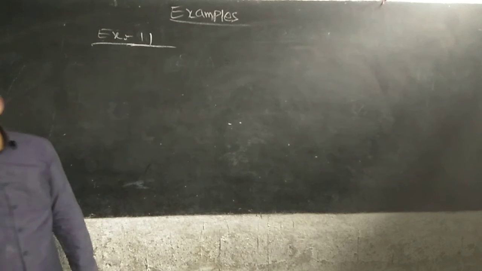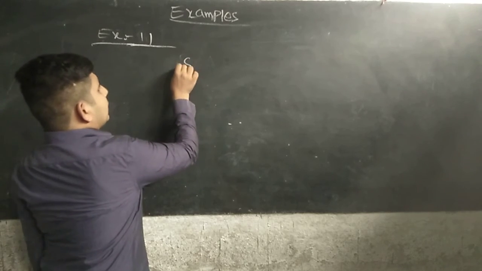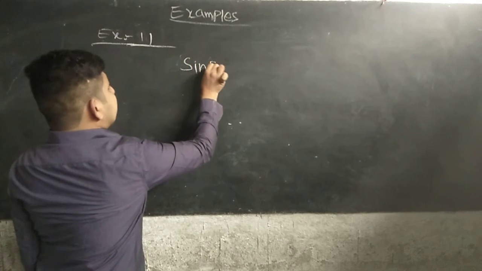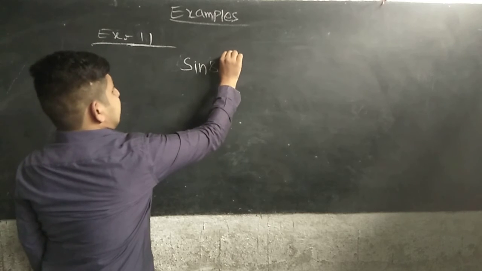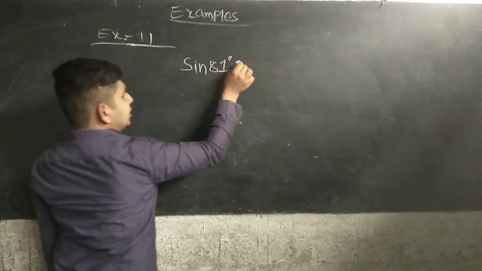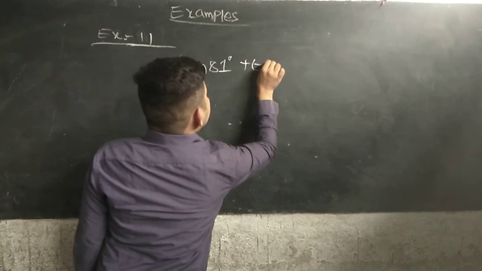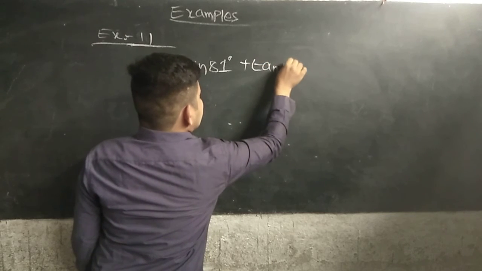What is the given expression? Sin 81 degrees plus tan 81 degrees.